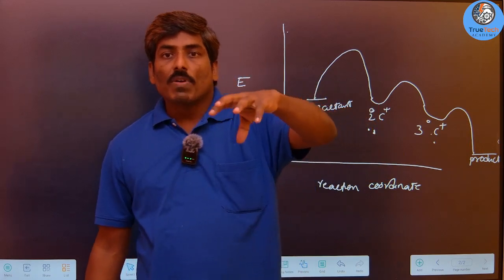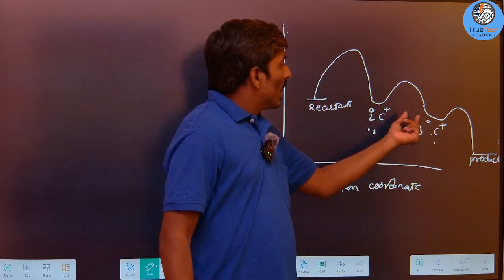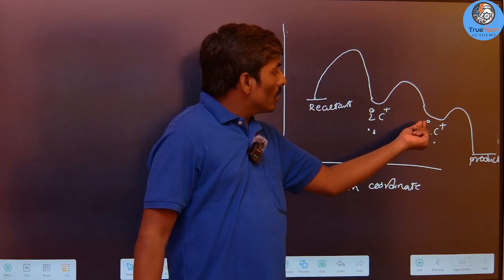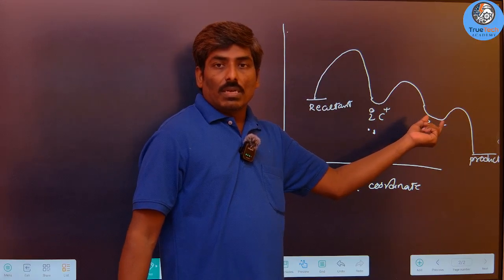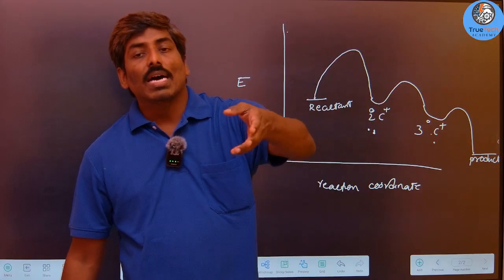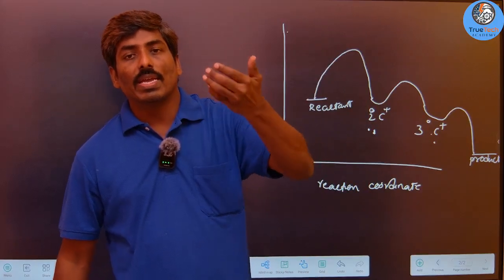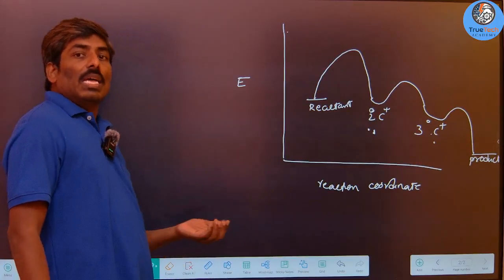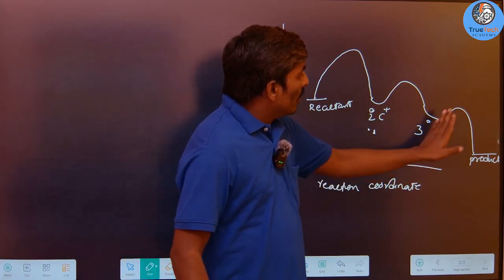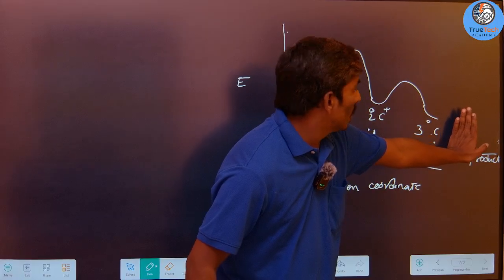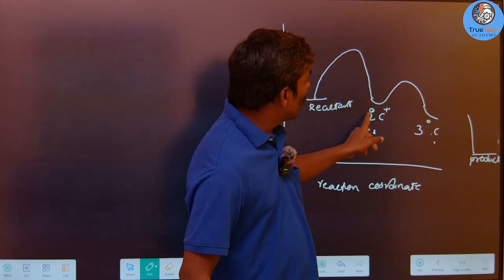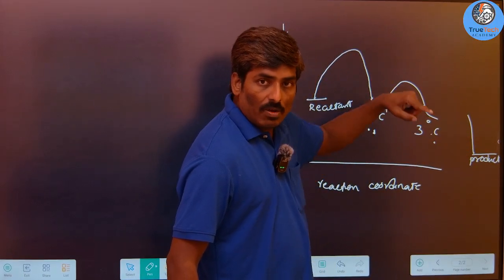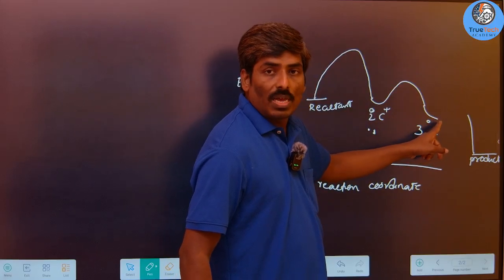Because of the presence of carbocation rearrangement, the energy diagram appears like this. If there is no carbocation rearrangement, generally the SN1 reaction will stop up to this stage. At this stage, carbocation and then attack of nucleophile, and you get the product.